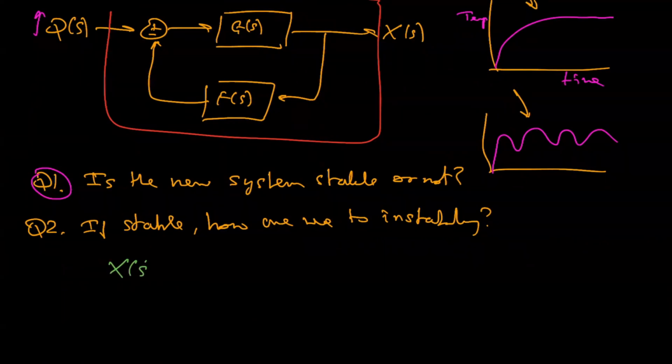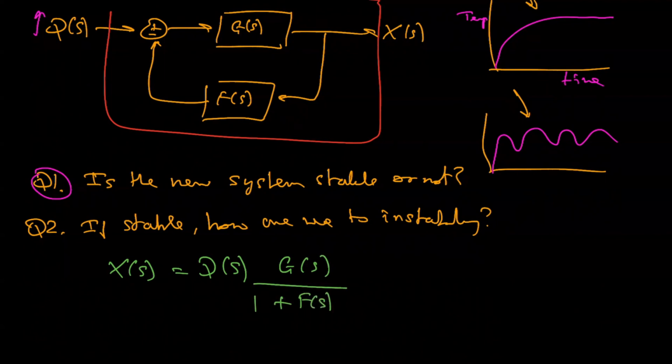The output was the set point Q of S, that's our input, times G of S over 1 plus F of S times G of S. Remember, we probably did it in terms of Y out equals Y in times A over 1 plus AK. We did it like that.